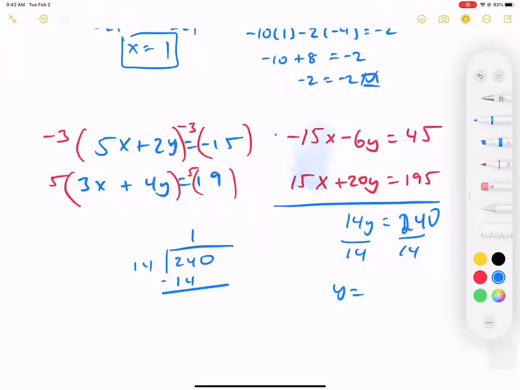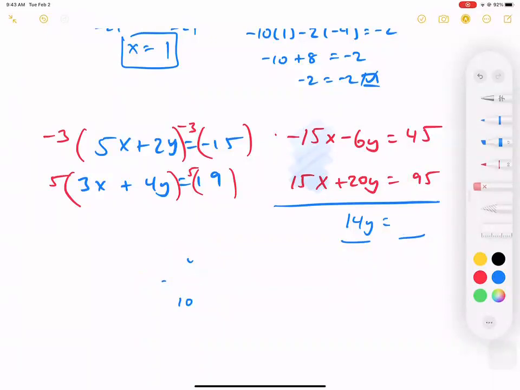Does that work out? Whoops, I messed up the math right here. It wasn't 195. It was actually just 95. My goodness, that was just 95.